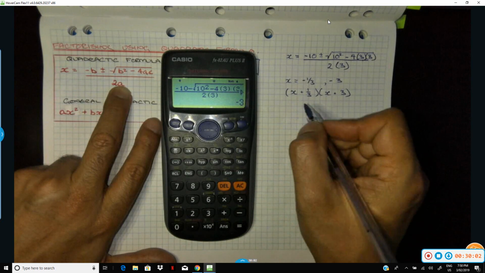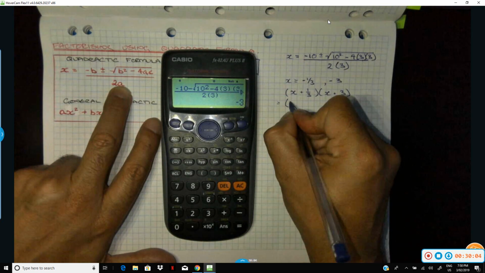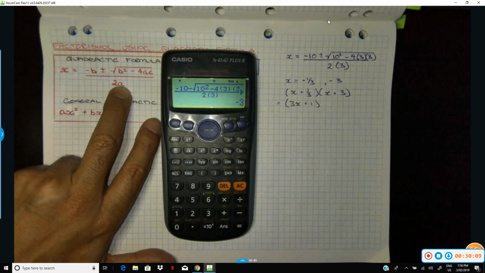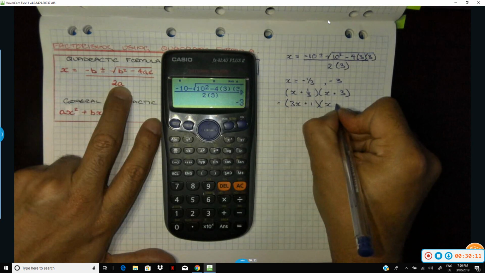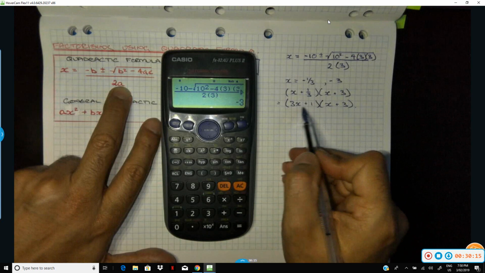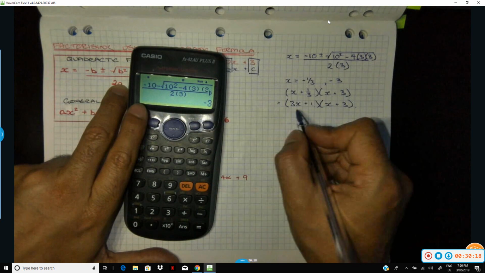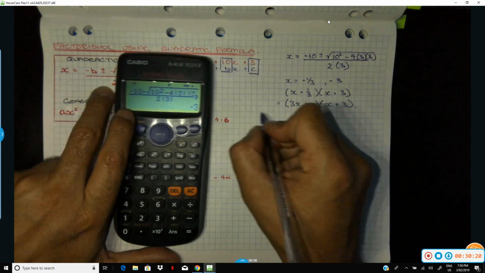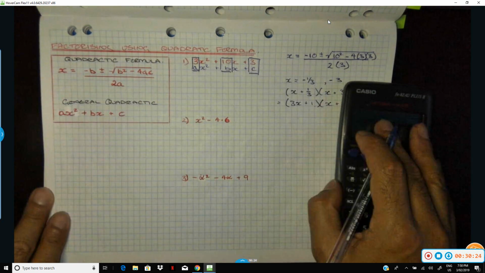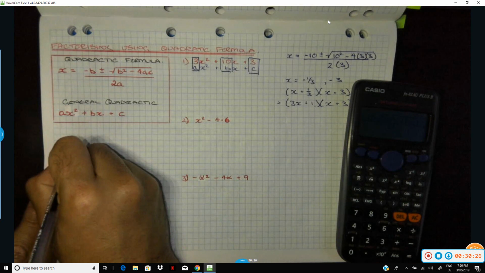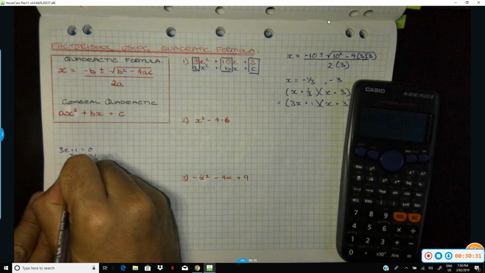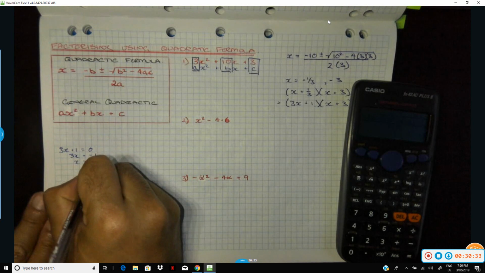Usually this would tend to be written like this: 3x plus 1 and x plus 3. And the reason why is because if this was to be a null factor, so if I wrote that as a null factor, I'll do it over here, 3x plus 1 equals 0, 3x equals negative 1, x equals negative a third.